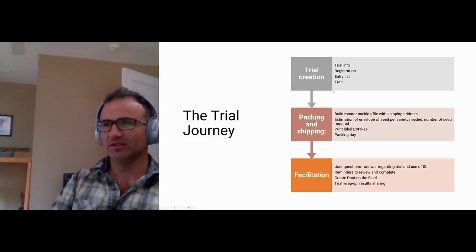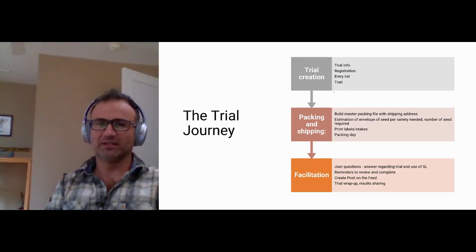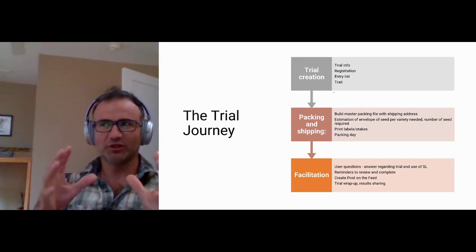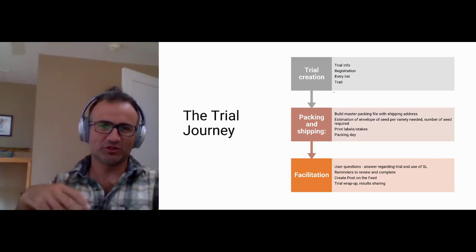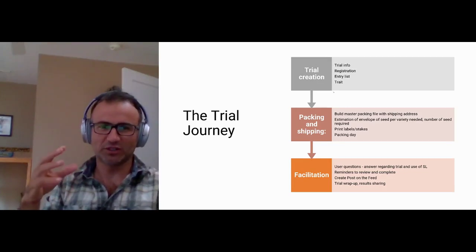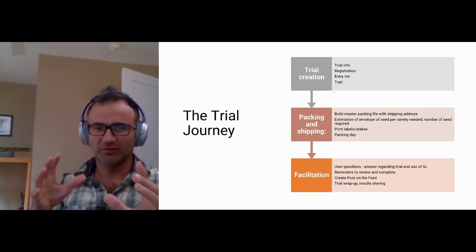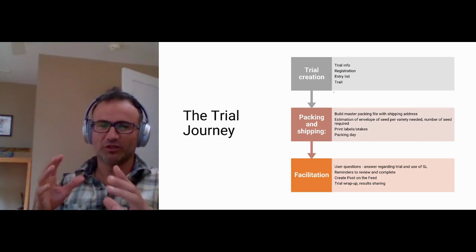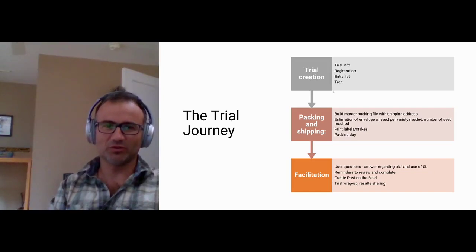First, just to give you a journey of a trial with SeedLinked. This is a trial creation process where you have title, description, registration, entry list, trait selection, and so forth. And you have packing and shipping, which is a big part where you have all your growers, all your varieties, and now it's time to ship, print label, send the seed.